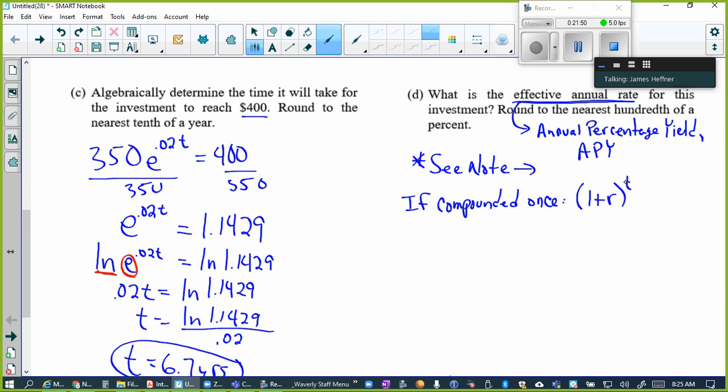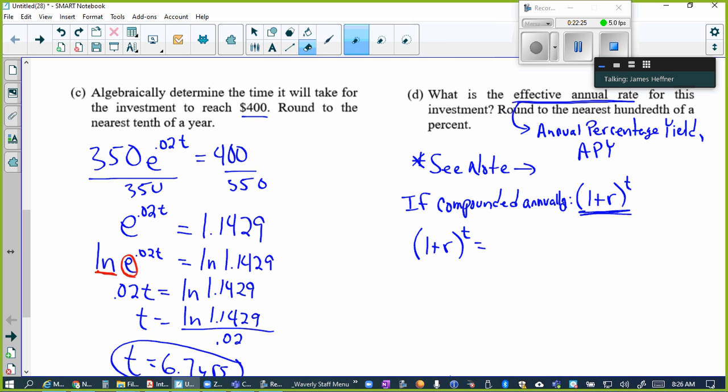So if we want to find out the effective annual rate, we need to see when this is equal to the continuous compounding factor. Let me replace the word once with annually, if compounded annually. We need to see when this annual formula equals our e.